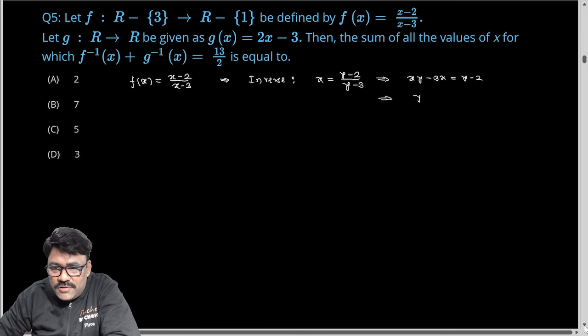So y will be what? 3x minus 2 over x minus 1. So this is basically f inverse x.